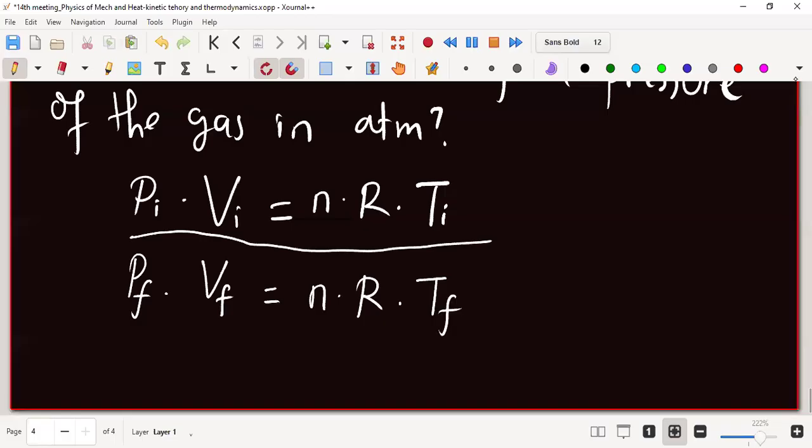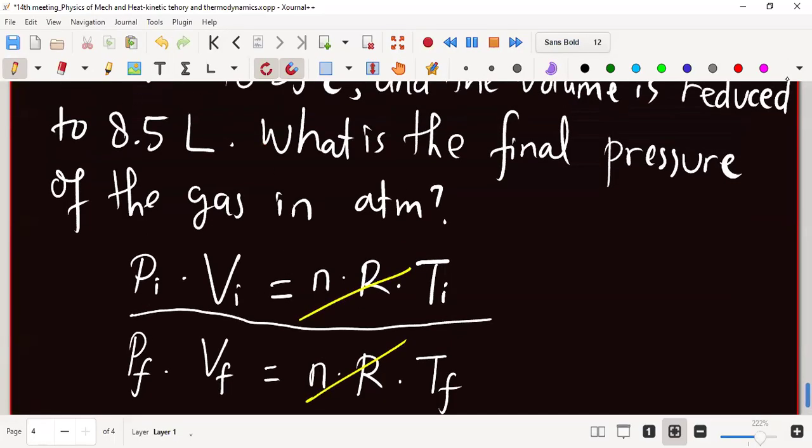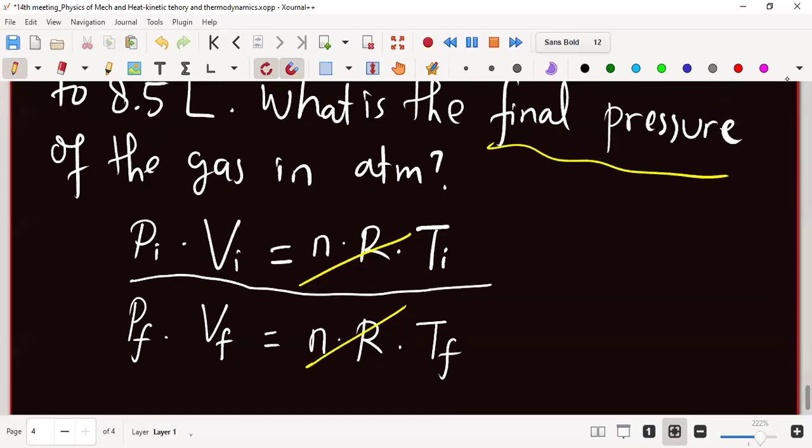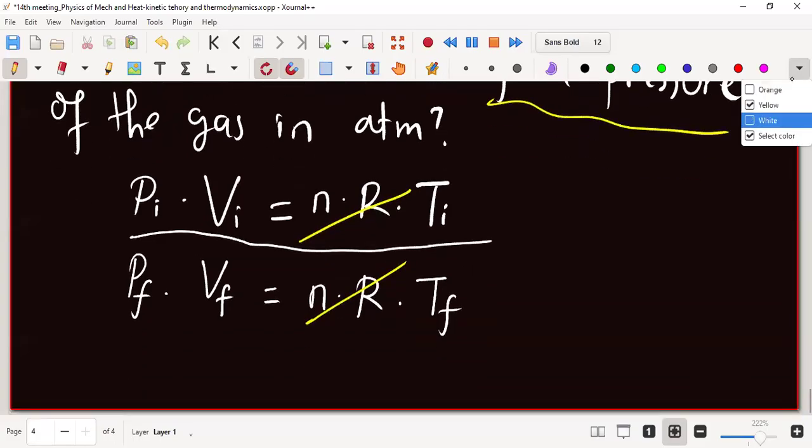Because nR is constant, the mole of gas is not changed and the gas constant is also not changed, so we can cancel the symbols. The question is what is the final pressure, so by this relation we can get the final pressure.